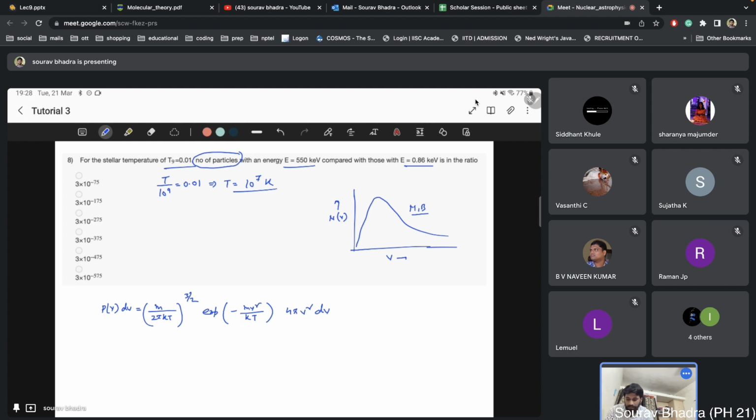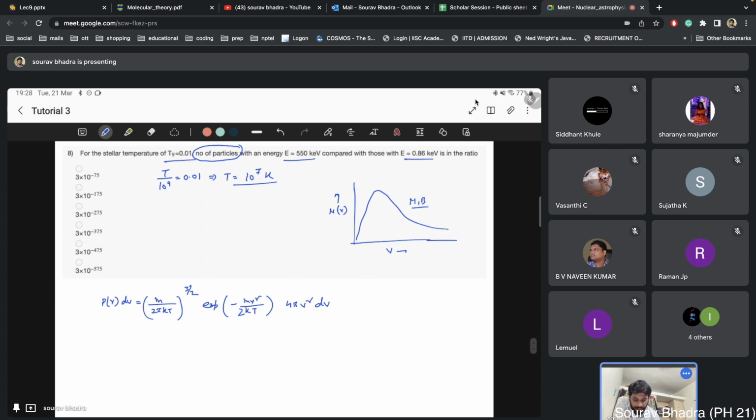Just a second, let me check it. Yeah, it will be 2. I just forgot. So mv square by 2kT. So it is the probability of getting a particle in the velocity range v to v plus dv.